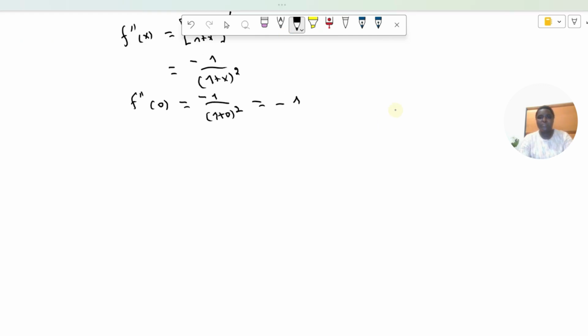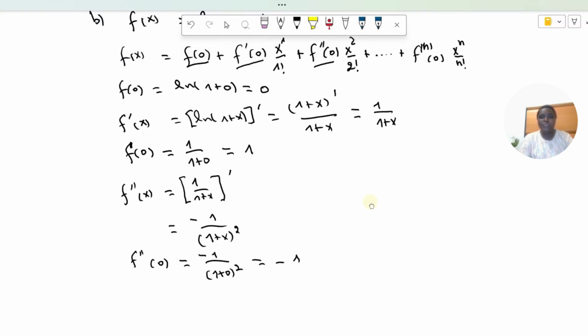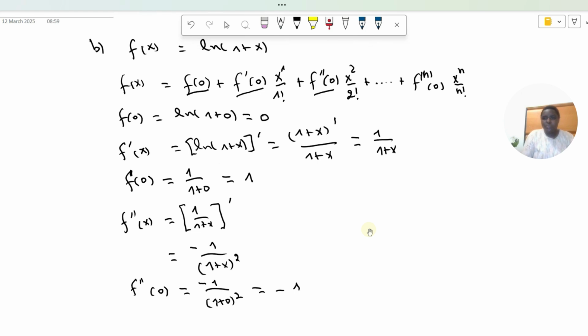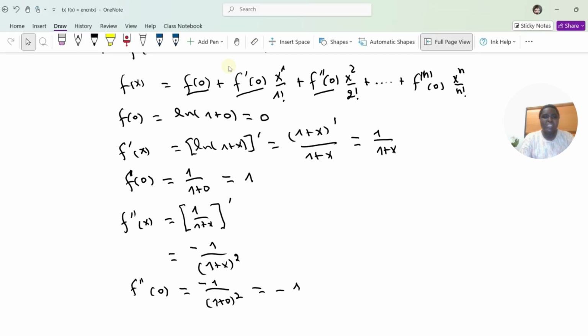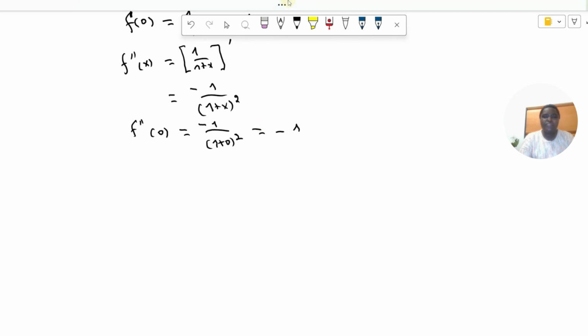And the next, what do we have to do? Next, we have to compute the third derivative of our function. We compute the derivative of the second derivative, which we have found to be minus 1 over 1 plus x squared.